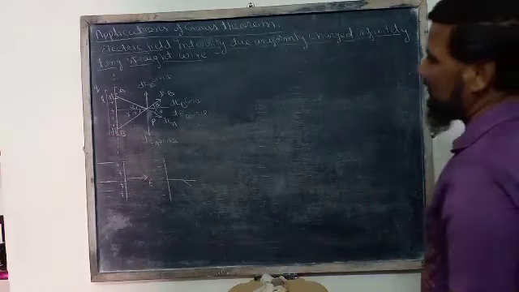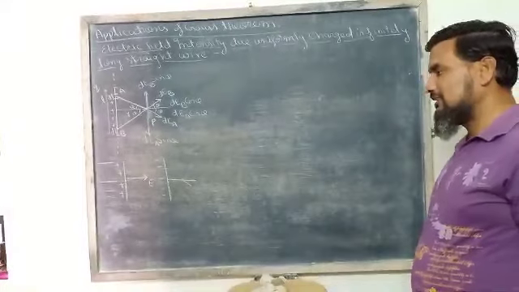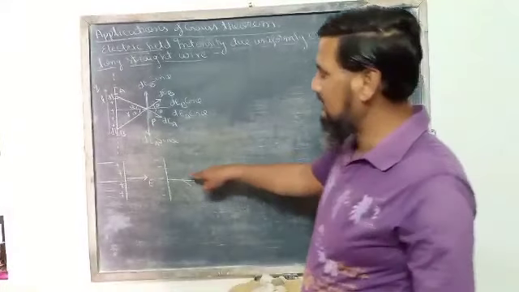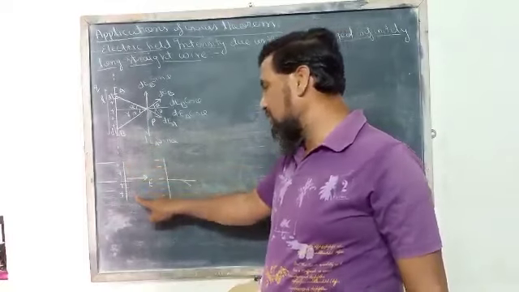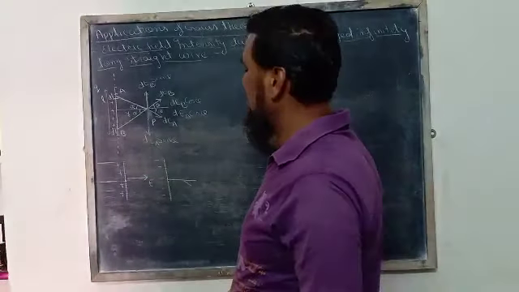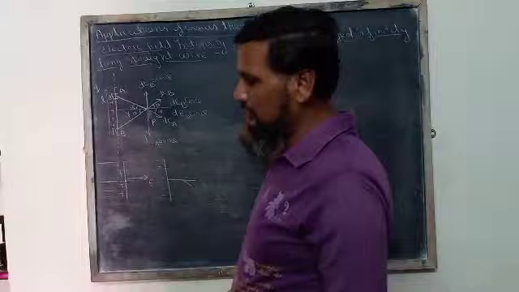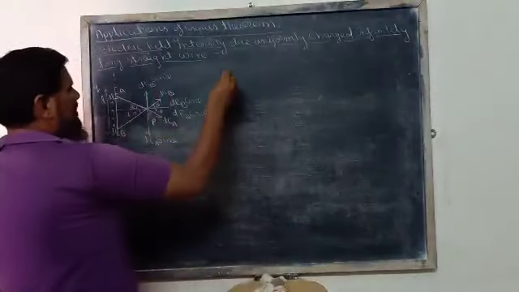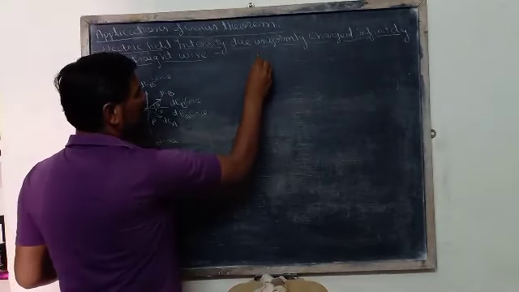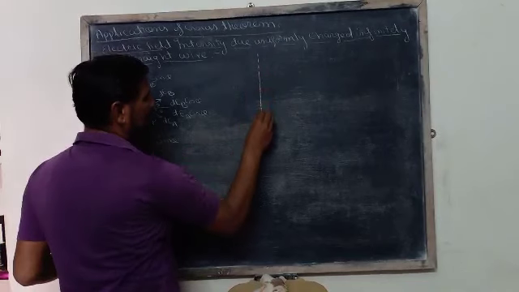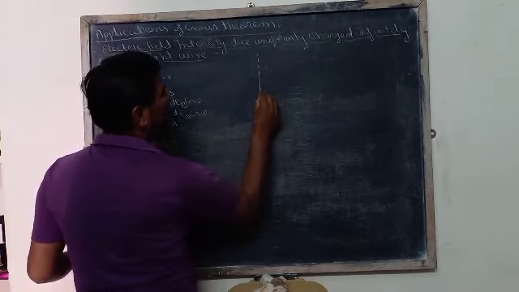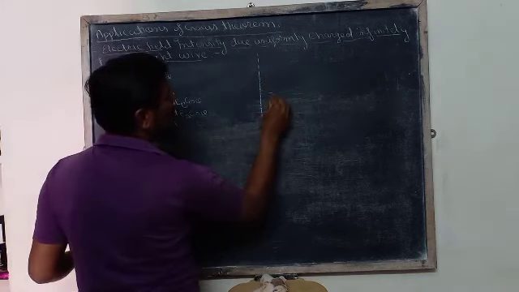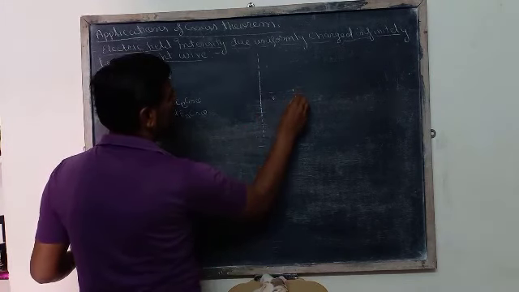Now we shall discuss the magnitude of the electric field intensity. We have discussed the direction of the electric field intensity due to a uniformly charged wire. Now for the magnitude, we again consider the wire of a certain length, the corresponding charge is Q, the distance is r, and P is the point.